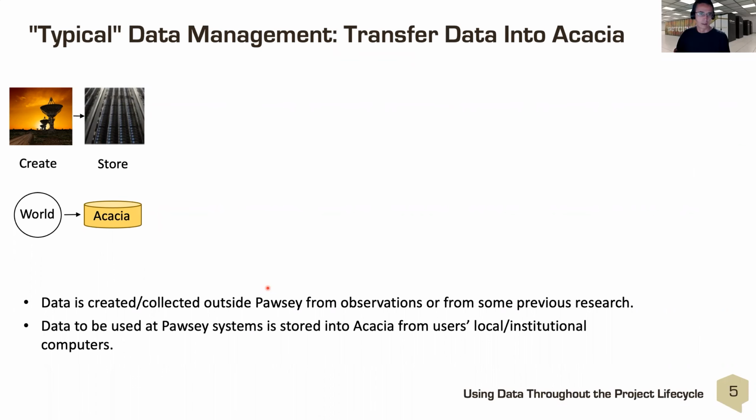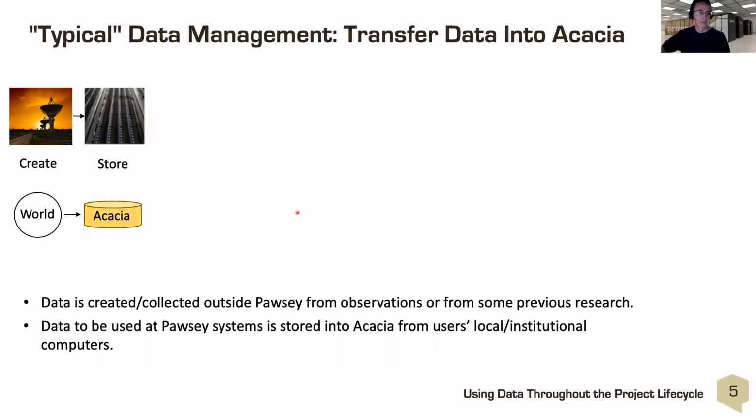In the first part, we consider how to transfer data into Pawsey, but as I said, we are talking about the new way of dealing with the new infrastructure. So in this case, we consider that the typical movement of data into Pawsey should be towards Acacia. This is different from the old systems where you probably move data directly into Scratch or into Group.